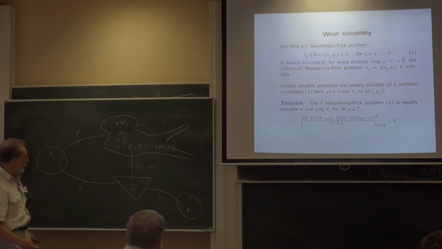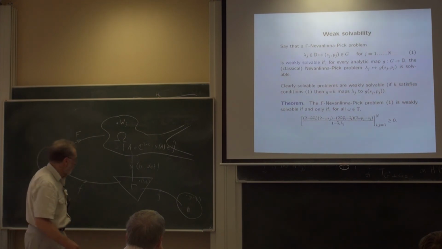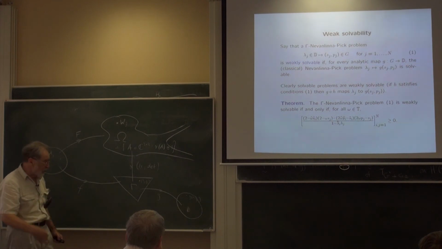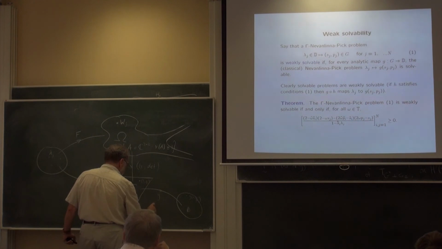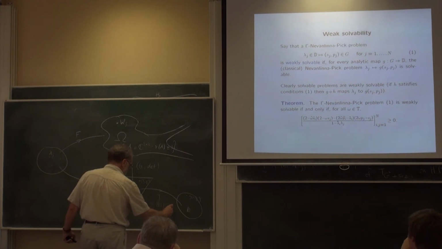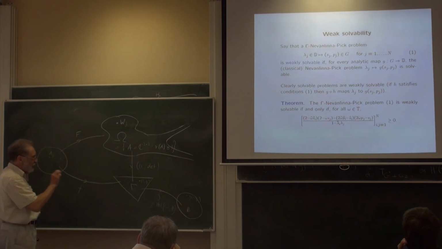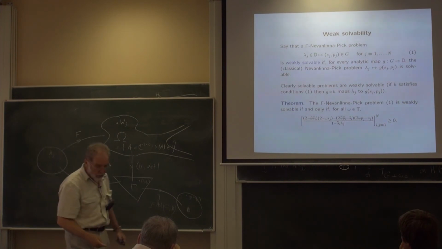And so a necessary condition for the solvability of a gamma Nevanlinna-Pick problem is that all these problems should have solutions. In other words, you let G be any holomorphic map from gamma into the disk, and for every such G, the corresponding Nevanlinna-Pick problem will have to be solvable. And so we call that weakly solvable.